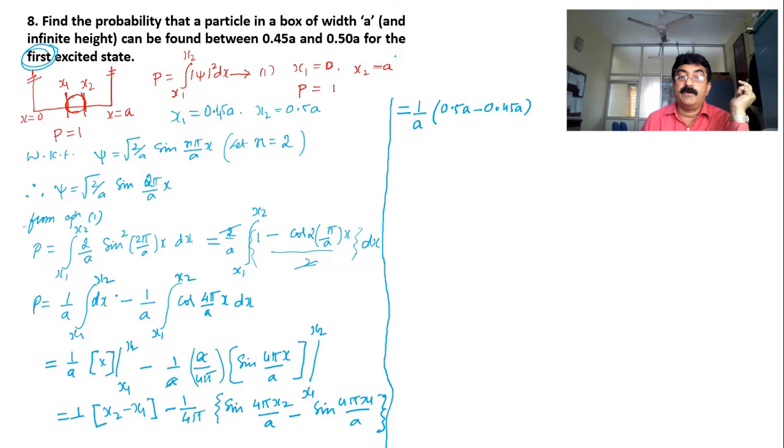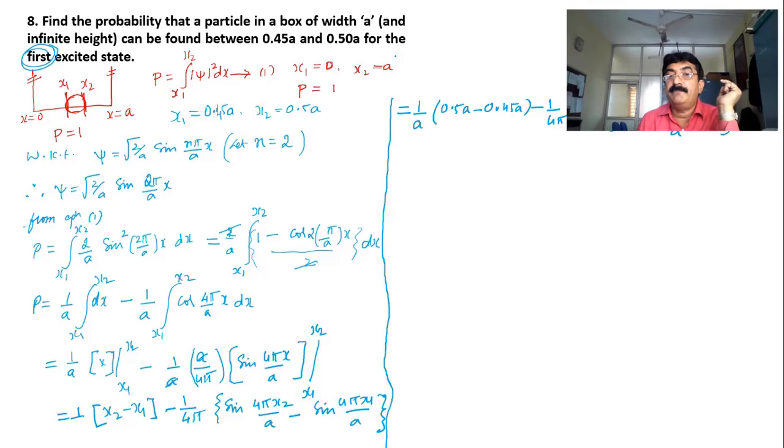Okay, first term, minus 1 by 4 pi into sine of 4 pi into 0.5a by a minus sine of 4 pi into 0.45a by a.